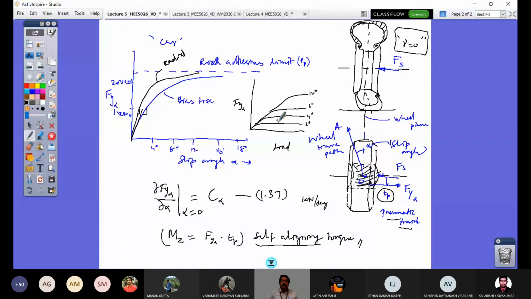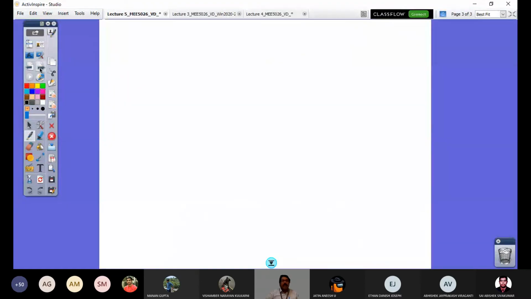Also, one more important aspect, before we look at the self-aligning torque variation, is the cornering force and slip angle relationship. If I consider a chosen tire, here I'm going to have my normal load Fz, and here I'm going to have Fy.